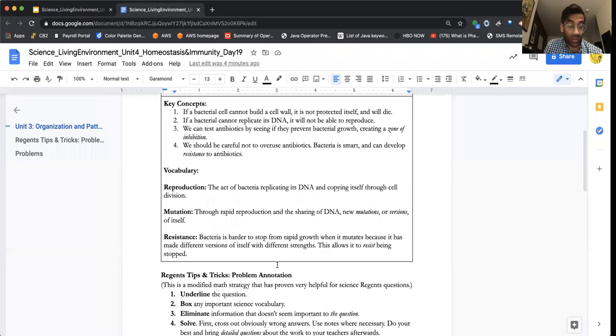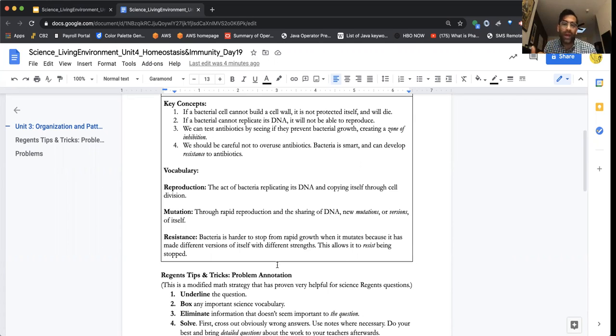And that brings me into the vocabulary section. We already know what reproduction is, and I've already talked about how it works specifically with bacteria, but we need to discuss mutation. Bacteria multiplies so rapidly that it will continually create new versions of itself. We call these new versions mutations. And just because a certain antibiotic is effective in treating bacteria does not mean that it's effective against all of its possible mutations.